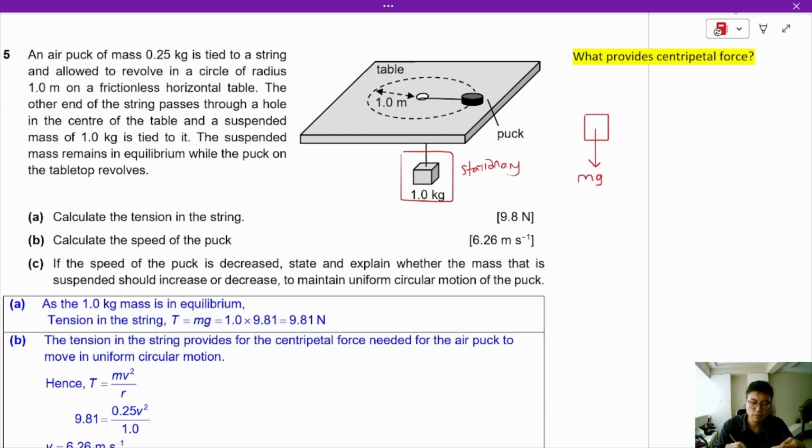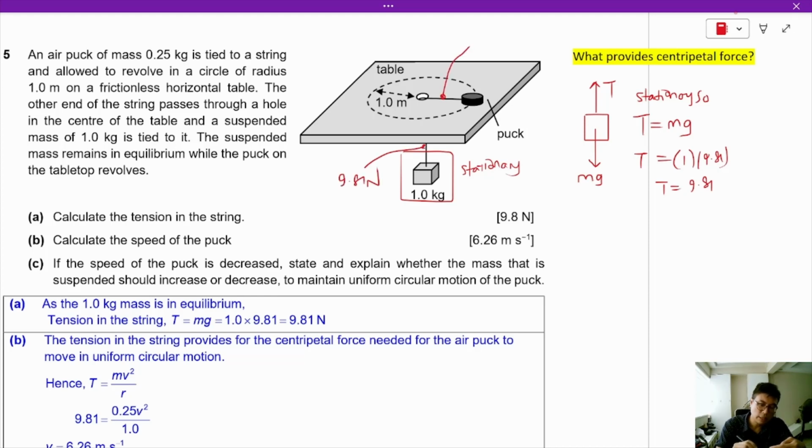The first force is mg and the second force is T. Since the object is stationary, T equals mg. So what is m and what is g? This is 1 and this is 9.81. So T is equal to 9.81. Now the tension in this string is 9.81 newtons.